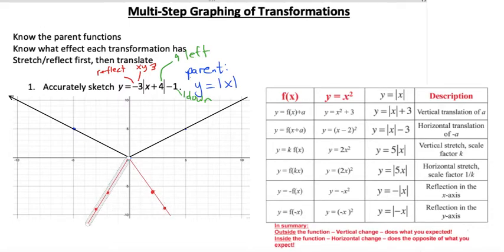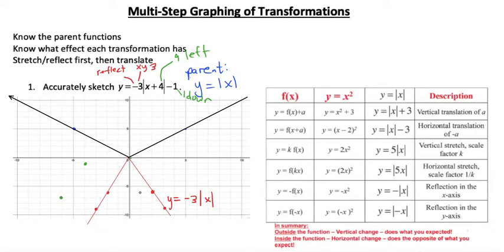Okay, if I were to write the equation for this, this equation is now -3x. So we've applied the stretch and we've applied the reflection. Now we're going to take each one of the points and go left 4 and down 1, and this can be done in 1 step. So 1, 2, 3, 4, and 1 down.